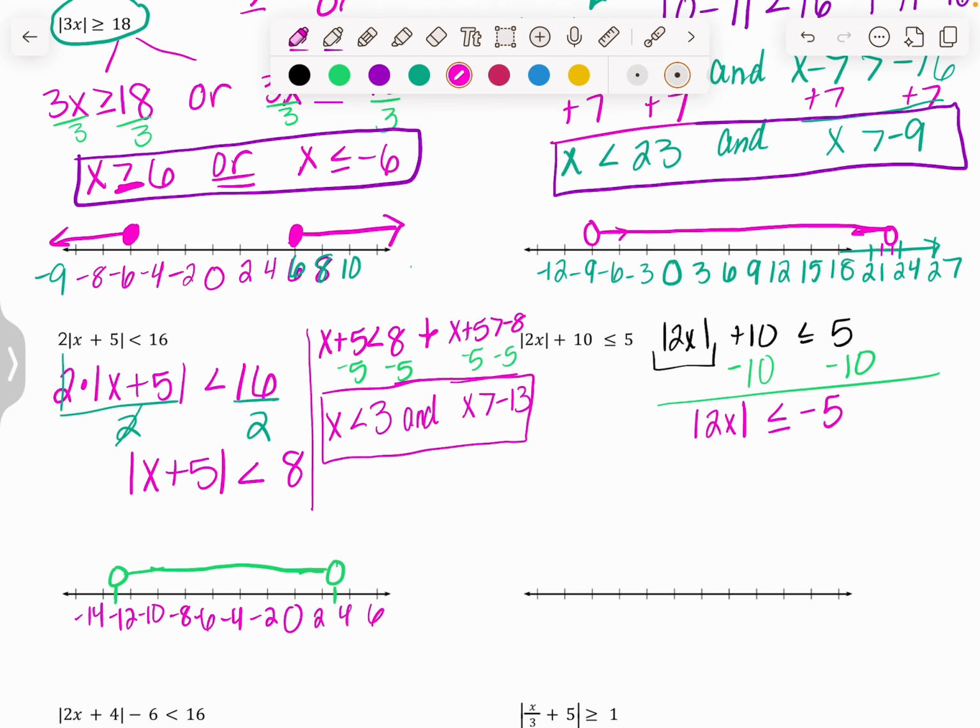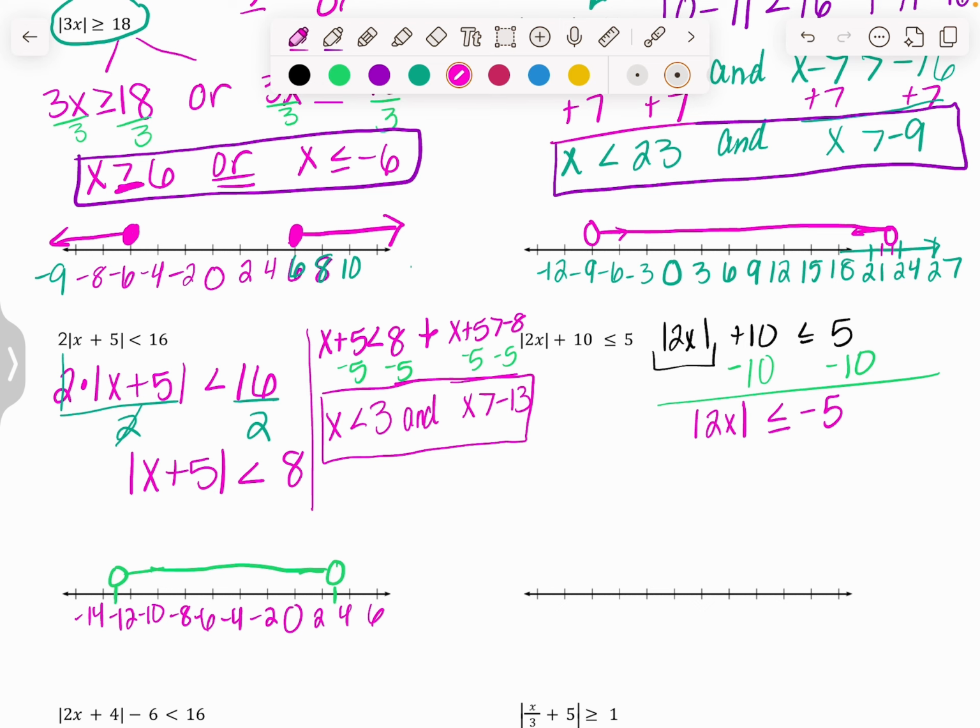Okay. So if you remember, absolute value is always positive. The absolute value of a number is the distance the number is from 0. And so an absolute value can't be negative.